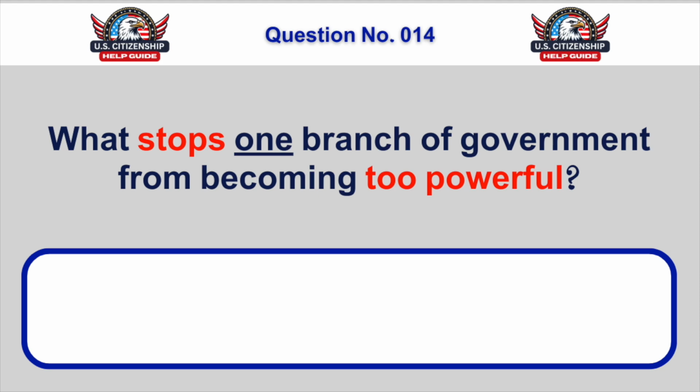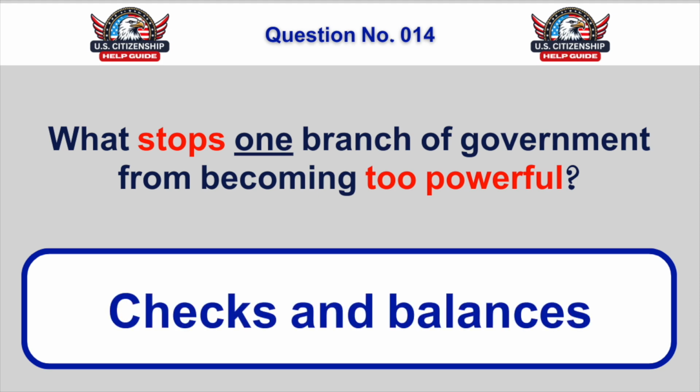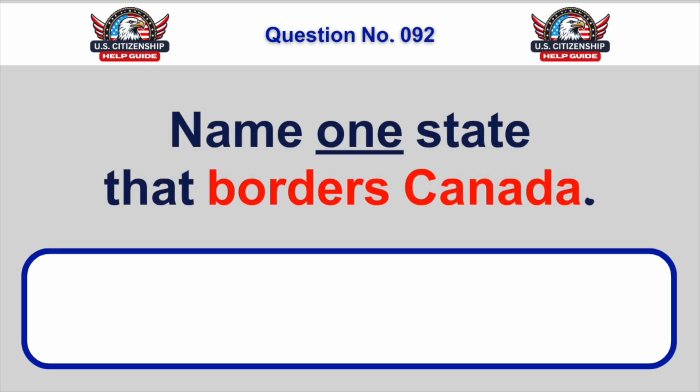What stops one branch of government from becoming too powerful? Checks and balances. Name one state that borders Canada. New York.